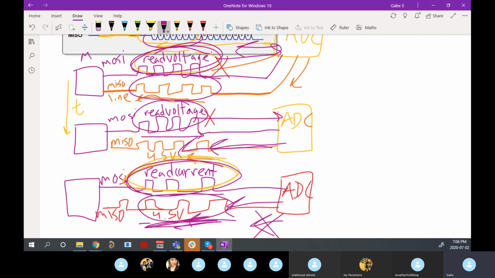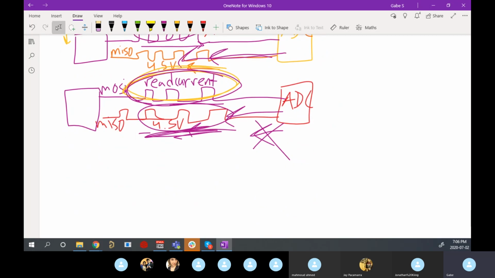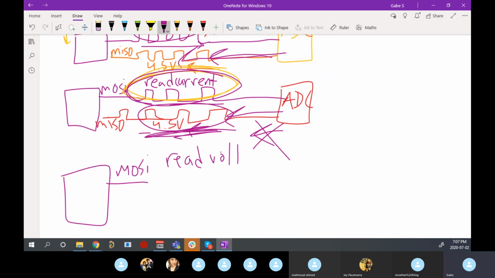And sometimes, let's say you say, I want to read voltage, and there's a command in the ADC where you only have to do it once, for example. You can set, I want to read voltages and just keep sending it to me forever, right? Maybe I just want to say read voltage forever. It definitely depends on your ADC datasheet and what messages are available.